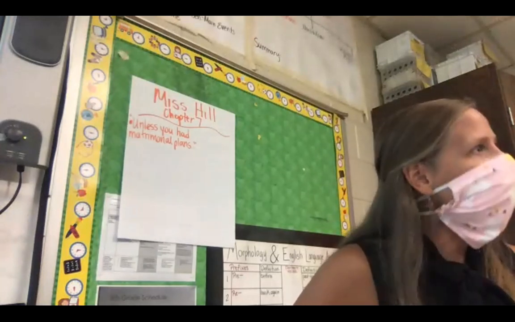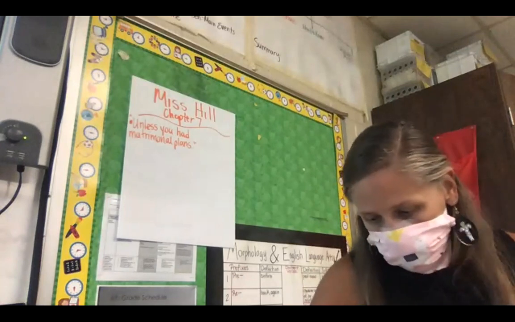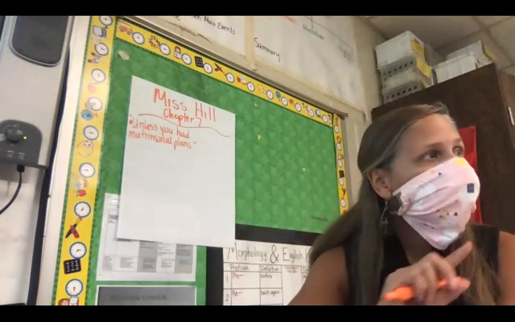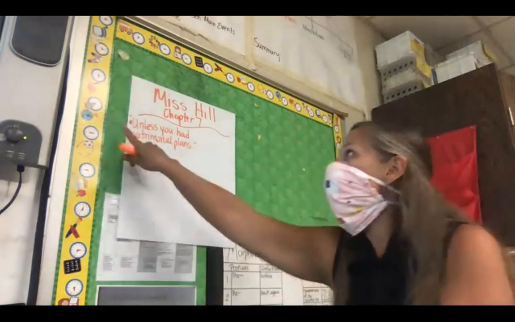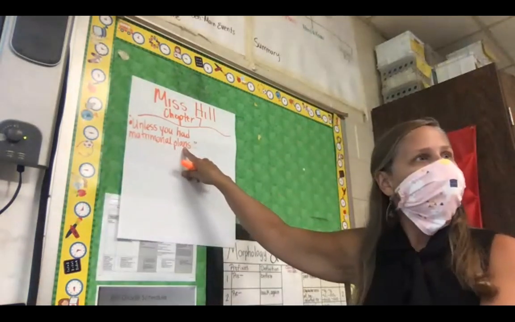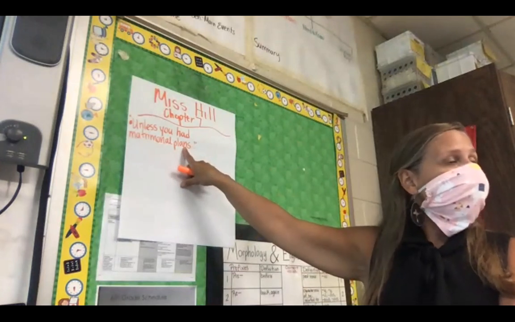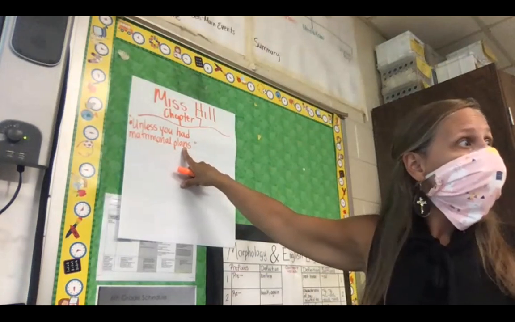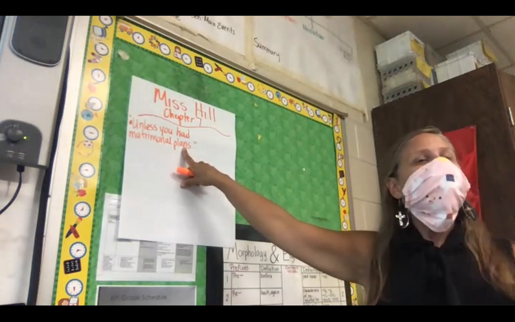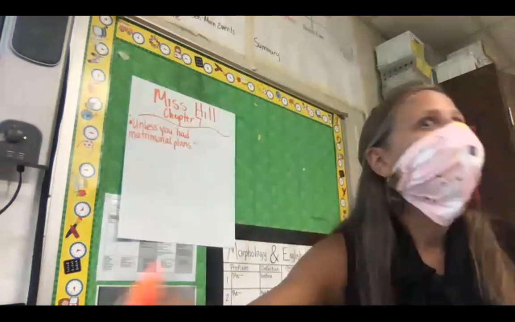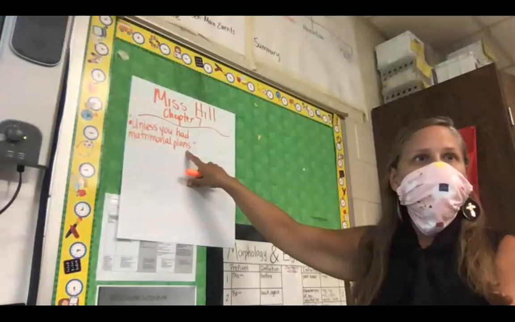You are exactly correct. So, using context clues, the fact that this woman said it's not bad news unless you had matrimonial plans, what does that mean? It means Miss Hill. Thank you, Lily. So it's not bad news unless you had planned to. Exactly. Unless you had matrimonial plans for Miss Hill.